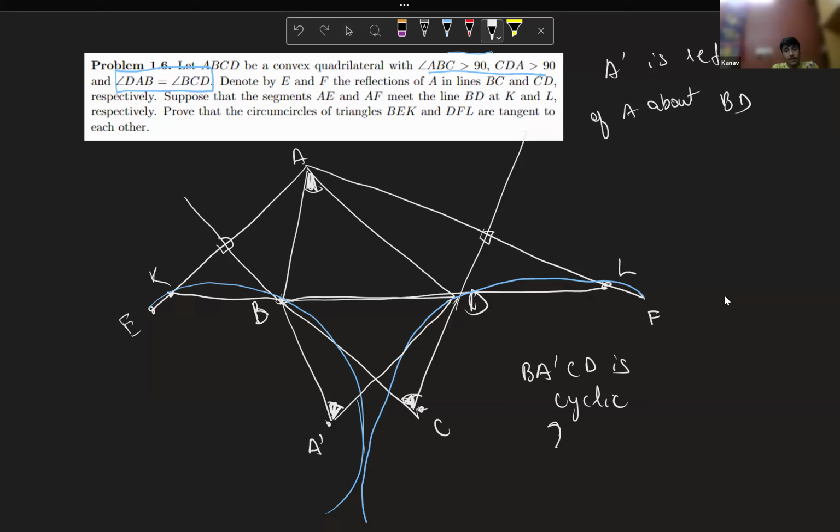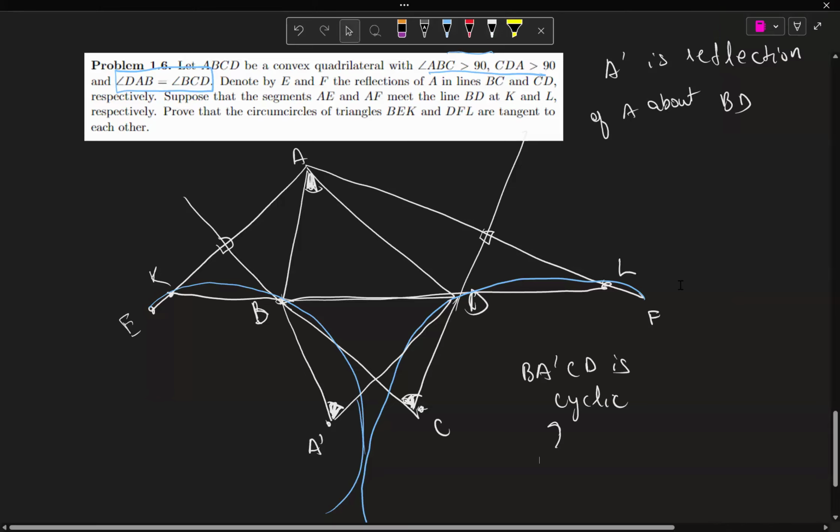So can we find some more properties about A prime? Like what even are the circles PEK, about A dash, which somehow hopefully is related to PEK or DFI. Would A dash be the point of tangency?